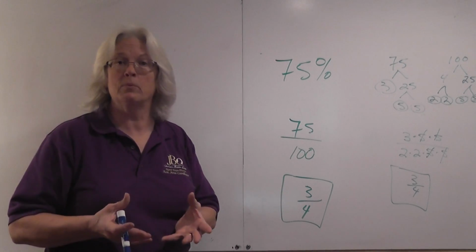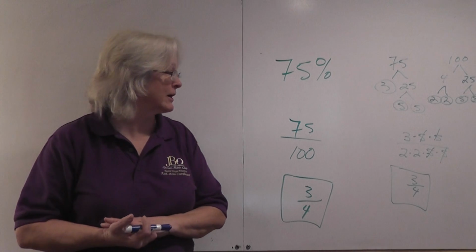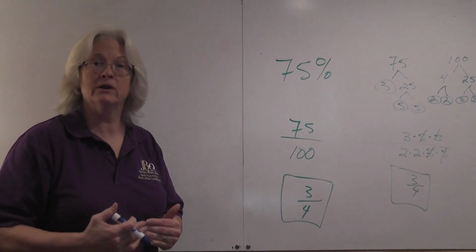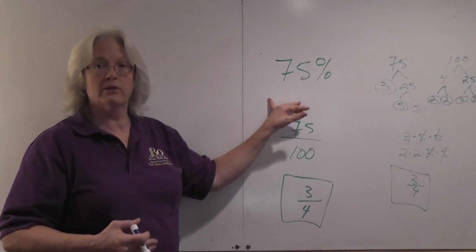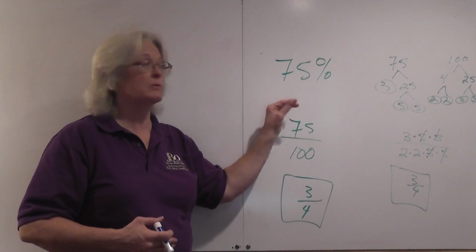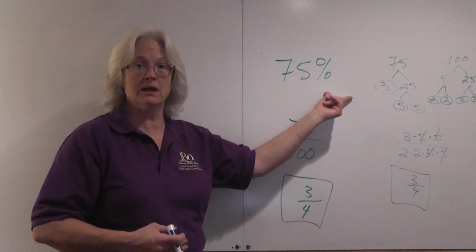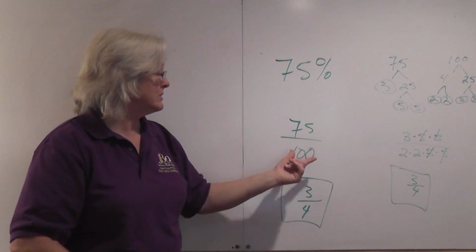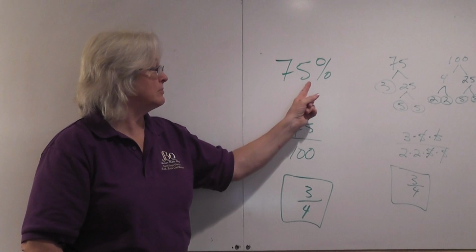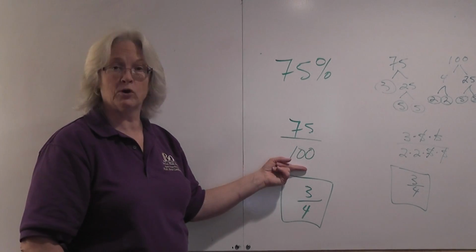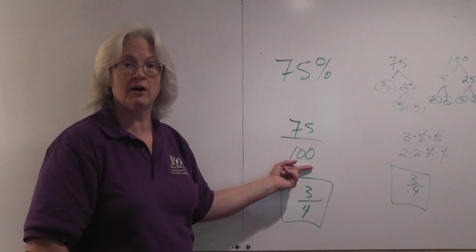At this point, you should all be very comfortable reducing fractions. The main point of this example is if you're given a fraction and they want this reduced to lowest terms, 75%, that percent always means that you can write it as a fraction over 100. This number written over 100 is what the 75% means.